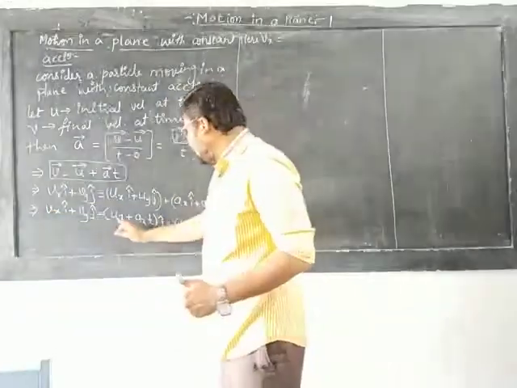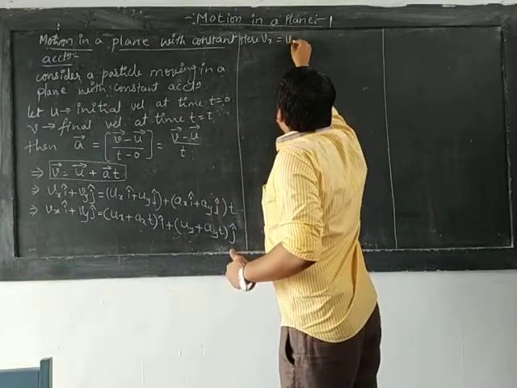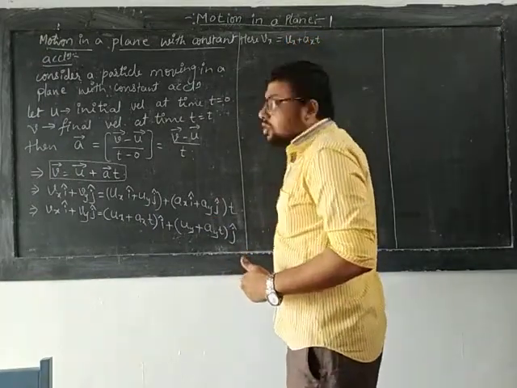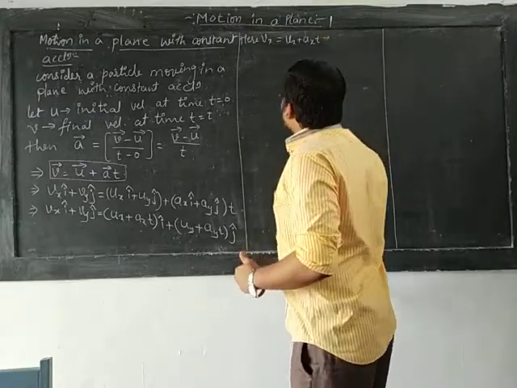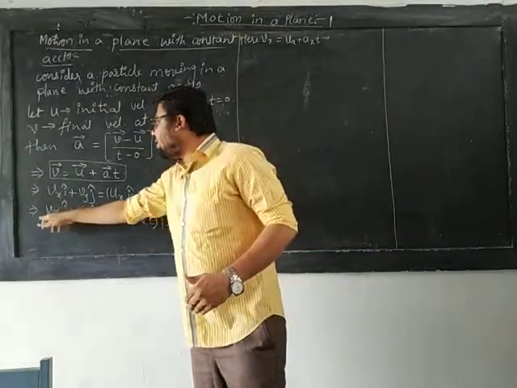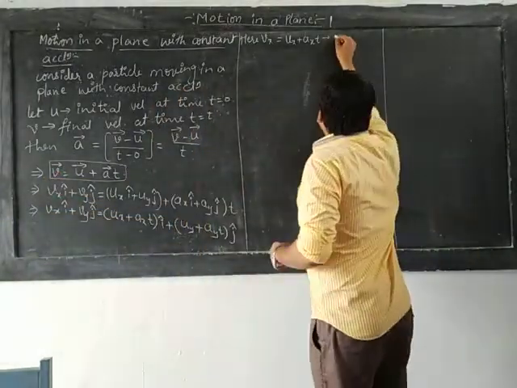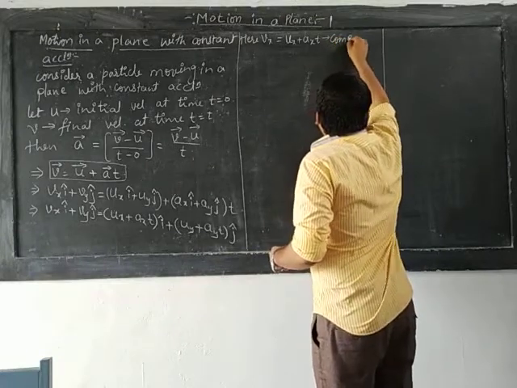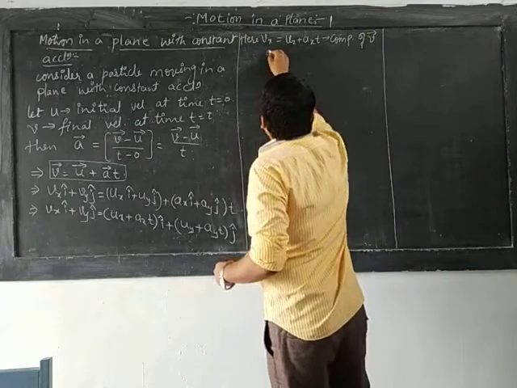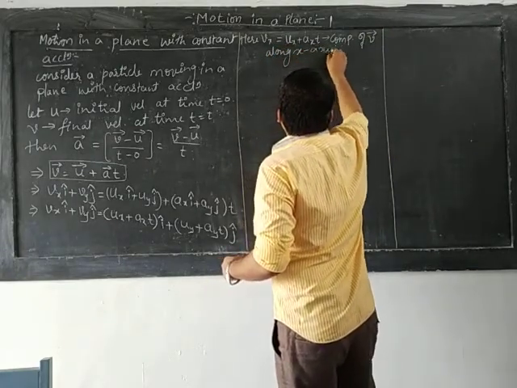So what we can write here? vx is nothing but the component of the velocity vector v along the x-axis.